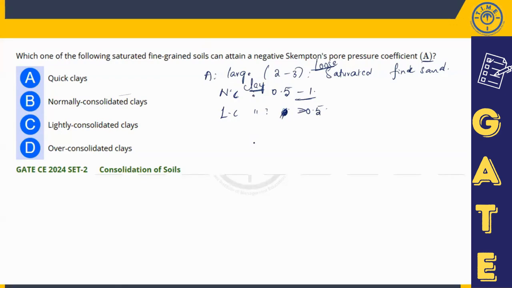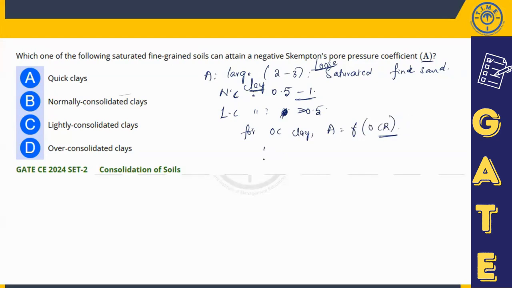So I can say activity for over consolidated clay is a function of over consolidation ratio.